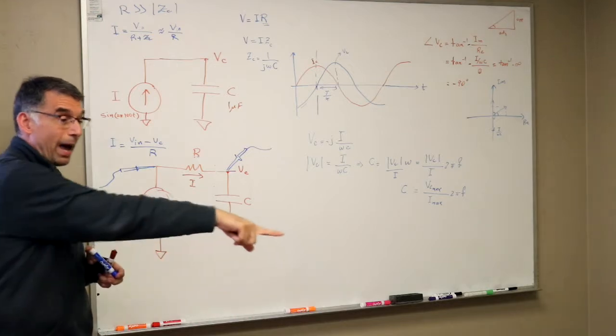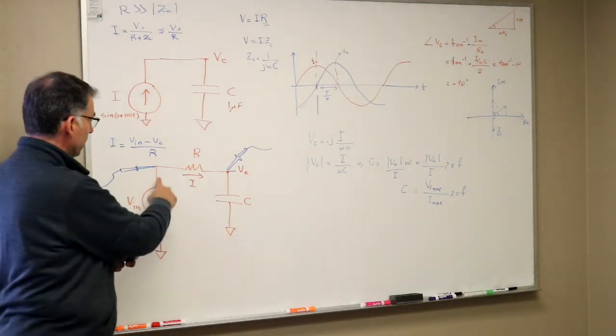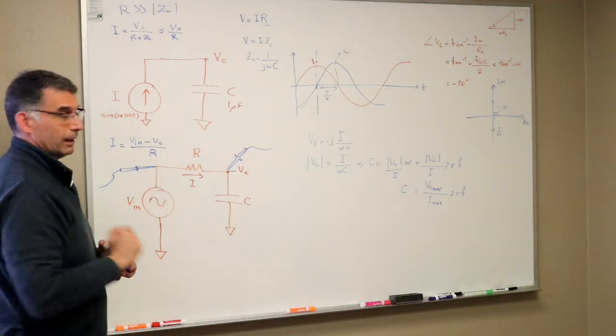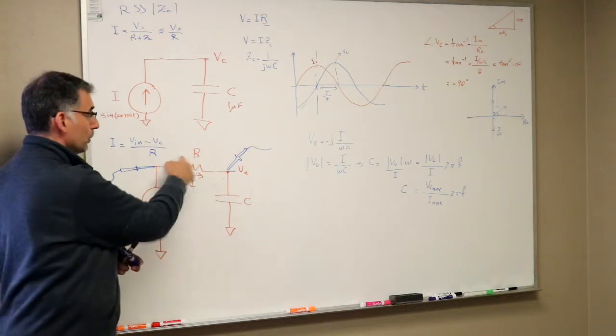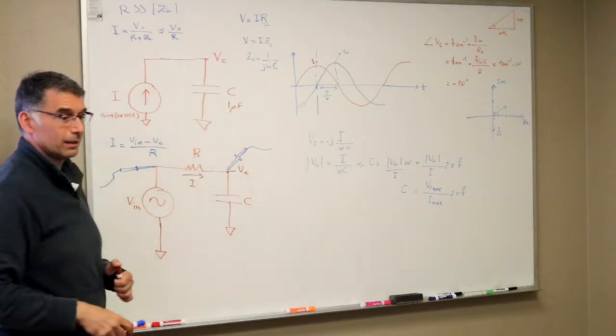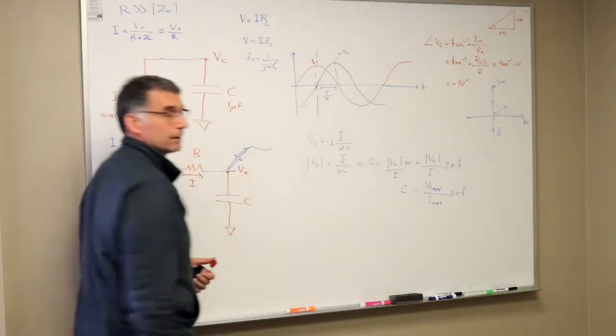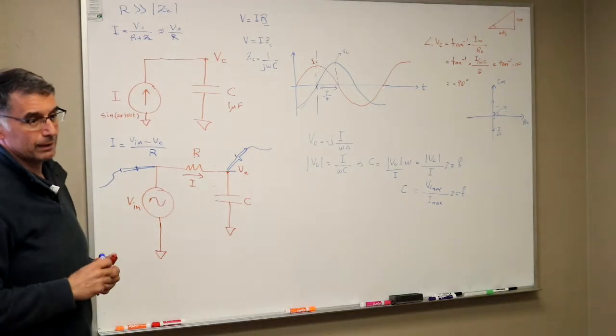Then you use a math function on the oscilloscope that will tell you V in minus VC. You measure that, you know the resistance, you can find the current. You have VC, you plug it all through this, and figure out what your capacitance is.